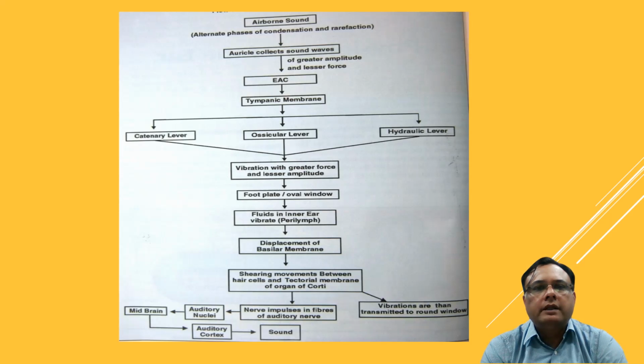The vibrations over the tympanic membrane are carried towards the stapes footplate, and from the footplate of the stapes, it sets the vibrations in the inner ear perilymph, and ultimately leads to the displacement of the basilar membrane. The shearing movement between the basilar membrane and the tectorial membrane causes electrical impulses to generate out of the mechanical energy, which is carried by the auditory pathway up to the auditory cortex, and ultimately we hear the sound.